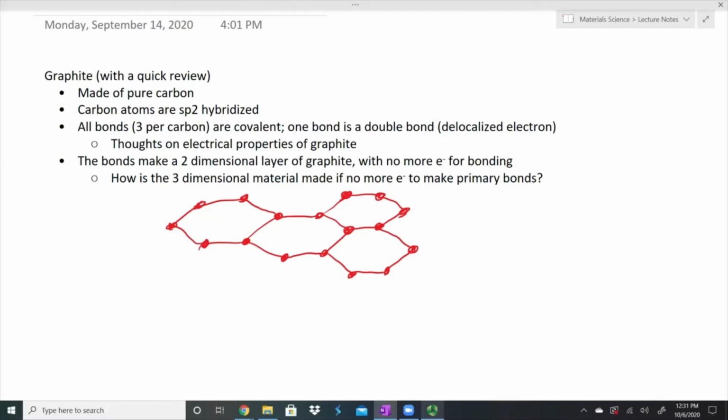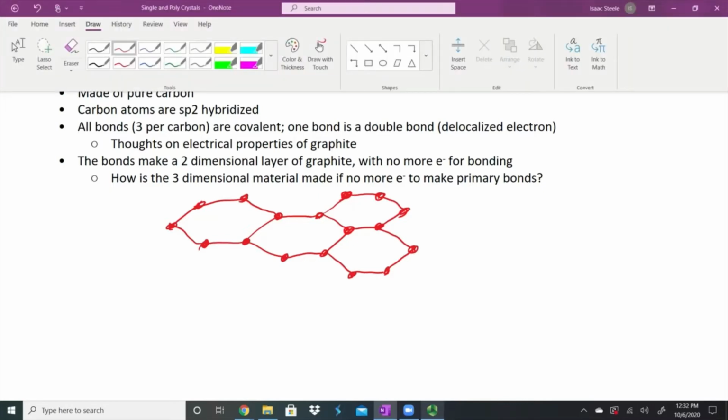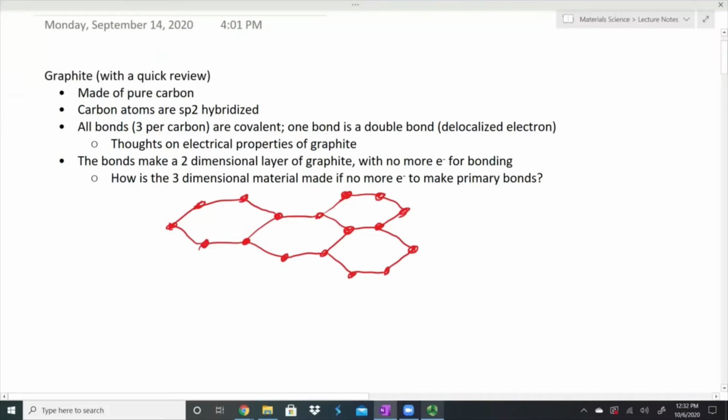And so this is where the last video, a couple videos actually, the past couple videos, we stack these planes up to make 3-dimensional materials. And a couple videos ago, we were talking about van der Waals forces, and that's what's going to go on here.